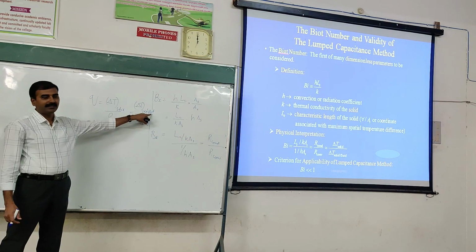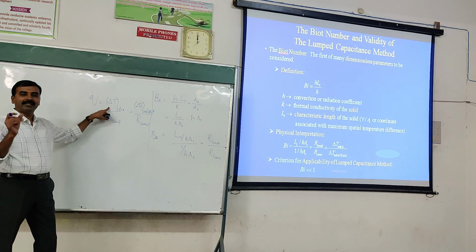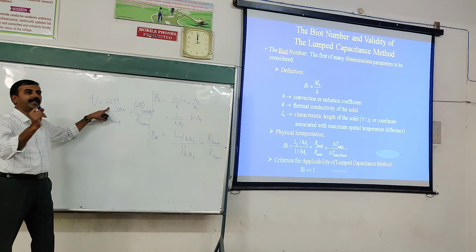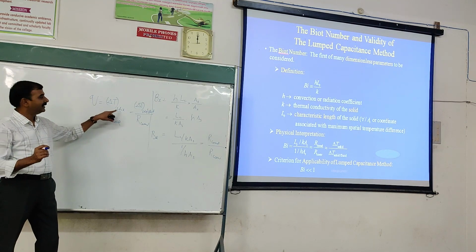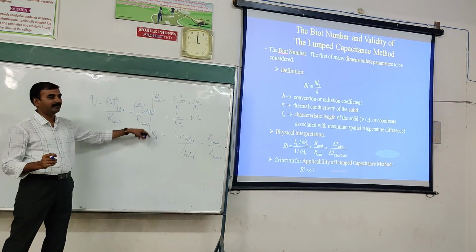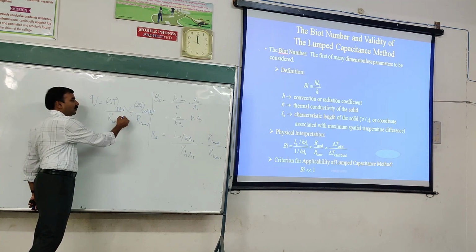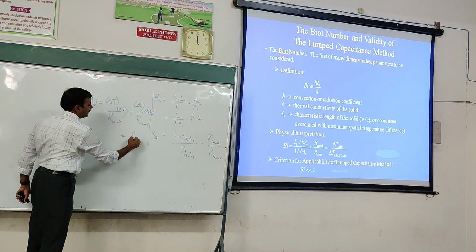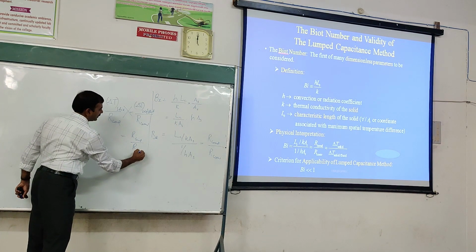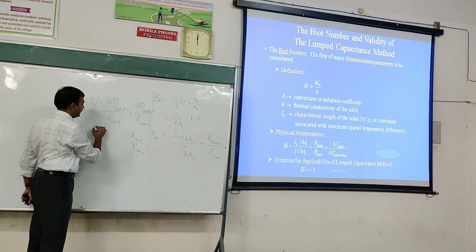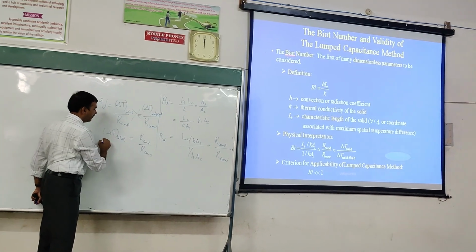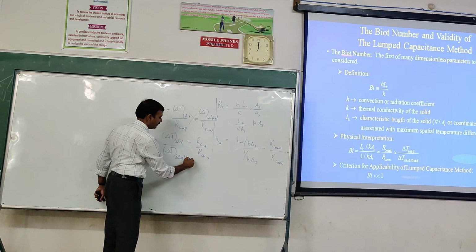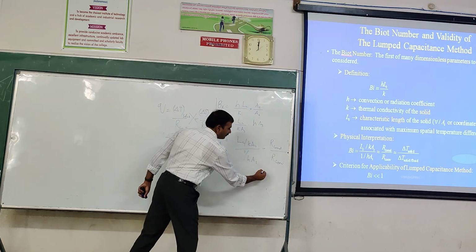So this is the temperature difference between 2 points within the solid, T1 minus T2, from one point to another point in the same medium. Here this is from one medium to another. Now by comparing these two, what do you get? Taking this to the right side, R conduction by R convection is equal to delta T solid divided by delta T between solid and fluid. So what does it mean?